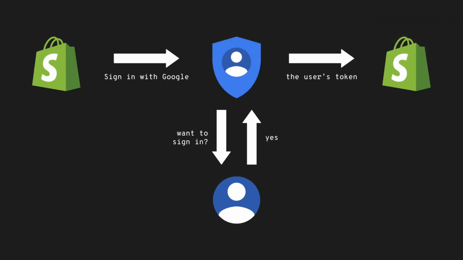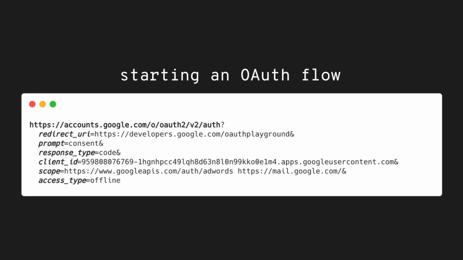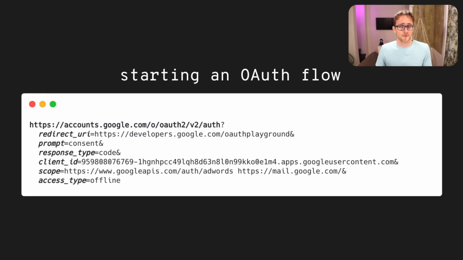This looks like this in a very simplified way: you have a target website which wants to log in with Google, and it redirects you to Google, which asks you if you really want to sign in or not. And if you select yes, I want to sign in, Google redirects you back to the target site with a specific token that the site can use to access your data. To start this login flow, your site has to redirect the user to Google.